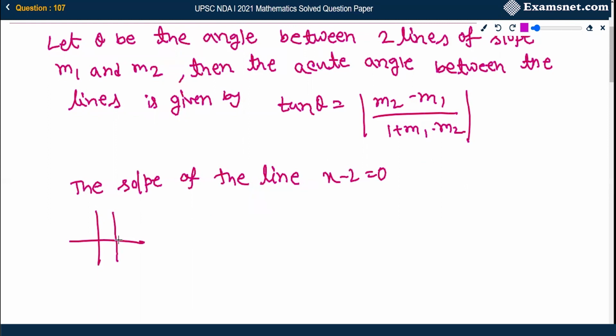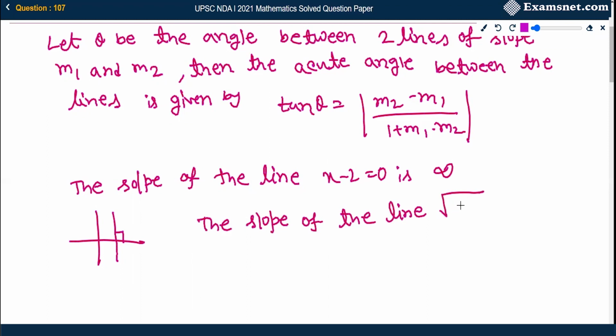Say this is the line, correct? So here theta is 90 degrees. So tan 90 degrees gives us the value undefined, that is infinity. So the slope is infinity. And the slope of the other line is root 3.